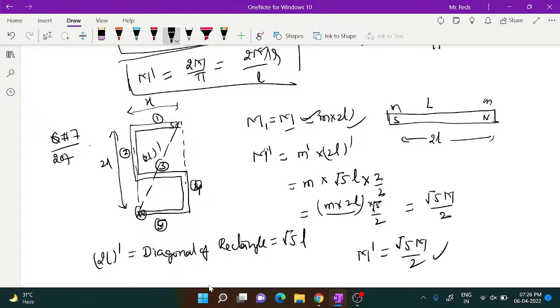If the length is changed, there is 2L by n only, sir. Yes, you can take L by 5. So this is L by X. Here we have taken root 5. This should come in the denominator. So this X is L by 5, not L.